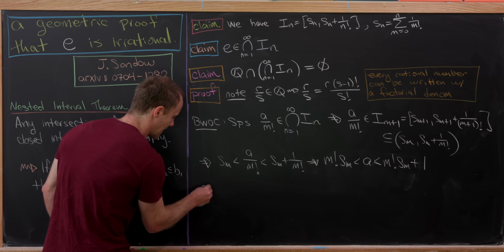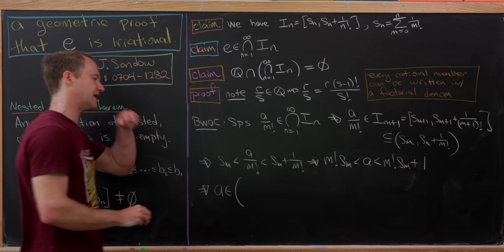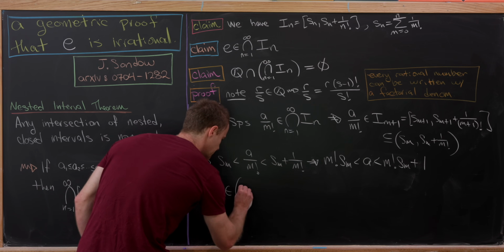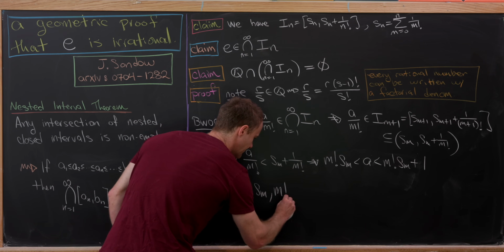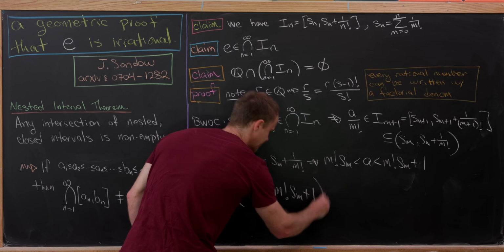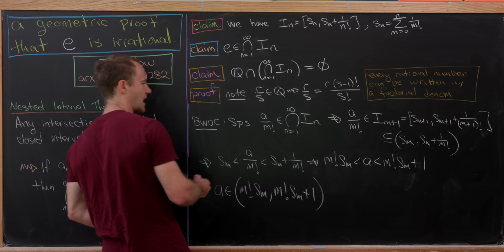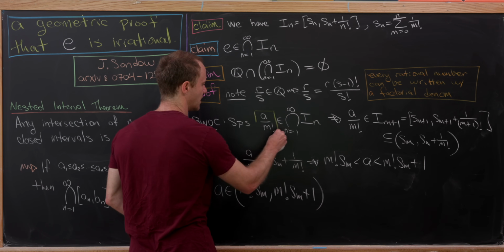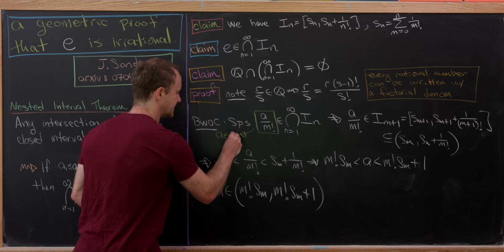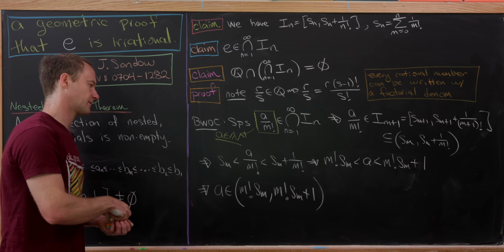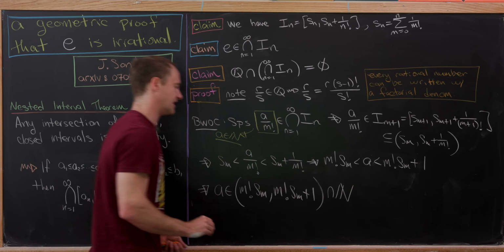Okay, but putting that back into terms of an interval, we know a is on the following open interval. So it starts at m factorial S sub m, and it ends at m factorial S sub m plus 1. But then also, by our construction of the rational number up here, we know that a is taken to be a natural number. So that means that this is also intersected with the set of natural numbers.